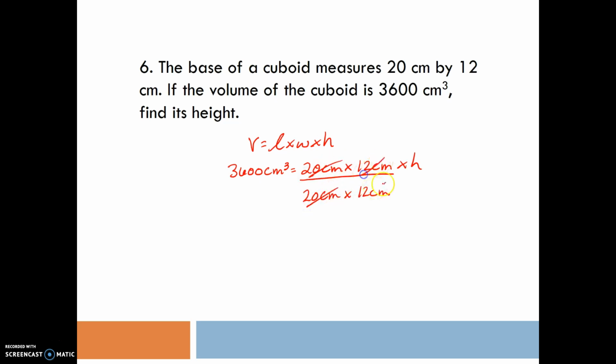Okay, those will cancel out and height will be by itself, but since we have an equal sign, we have to do the same thing over here. And I can multiply those out right now if I want to, but I actually don't have to.